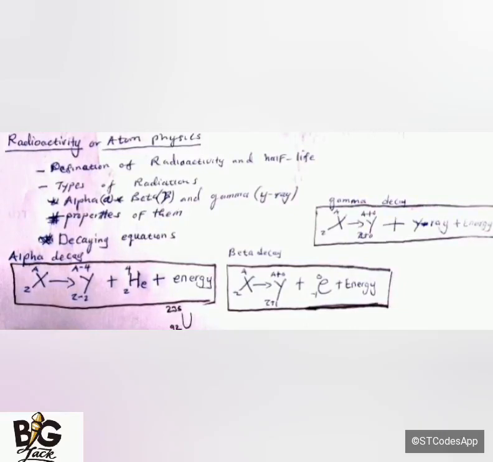As for the alpha particle, it is positively charged in nature, and it has the nature of a helium nucleus. An alpha particle can be affected by both the magnetic field and the electric field.